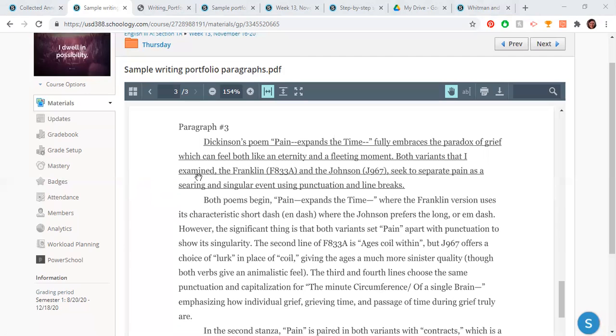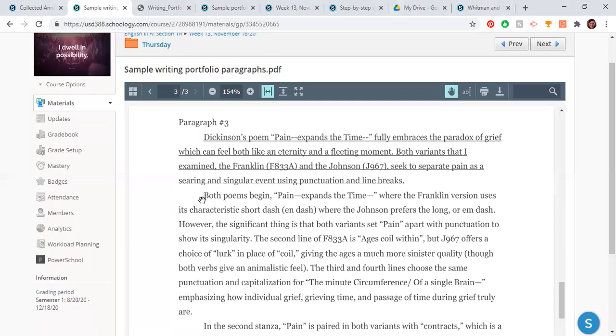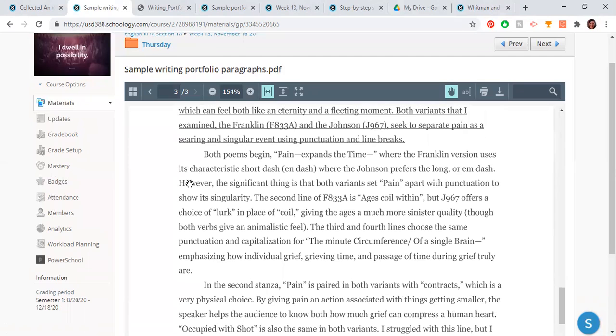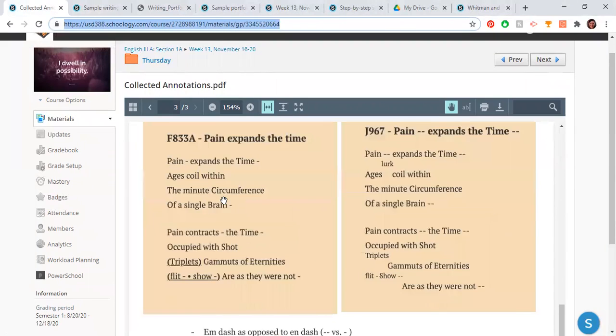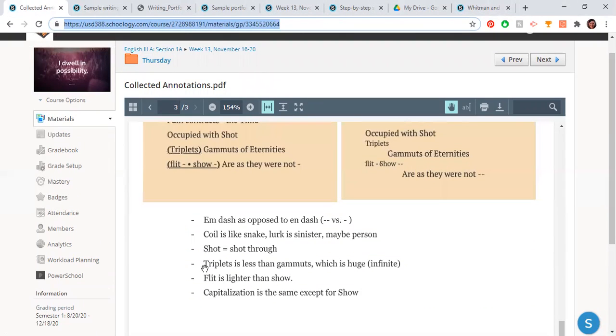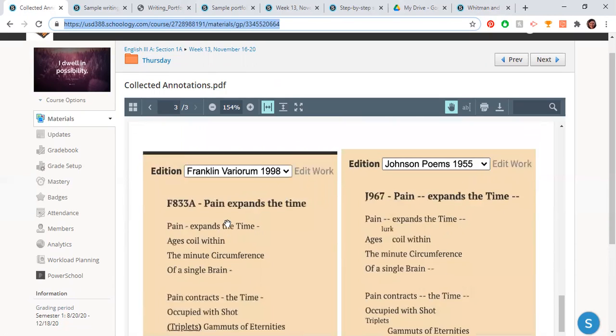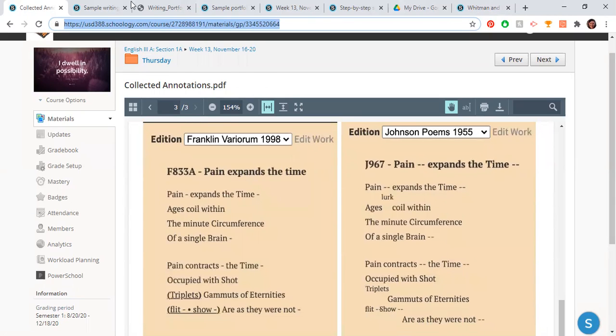Both variants that I examined, the Franklin and the Johnson, seek to separate pain as a searing and singular event using punctuation and line breaks. So we're going to talk about how those punctuation and those line breaks are working. And if you look in the annotation, that's at least in part what we have.